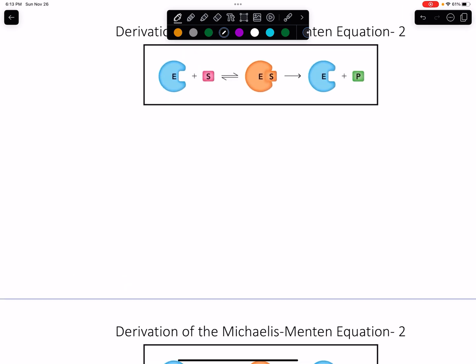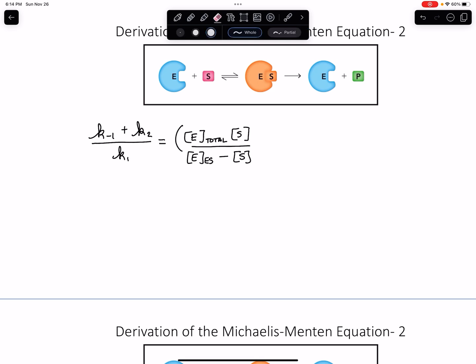All right, so when we rearrange that, what we get is K minus 1 plus K2 over K1, and then the other side of the equation winds up being our total enzyme concentration times the substrate concentration divided by the enzyme in the enzyme substrate complex minus the substrate concentration.